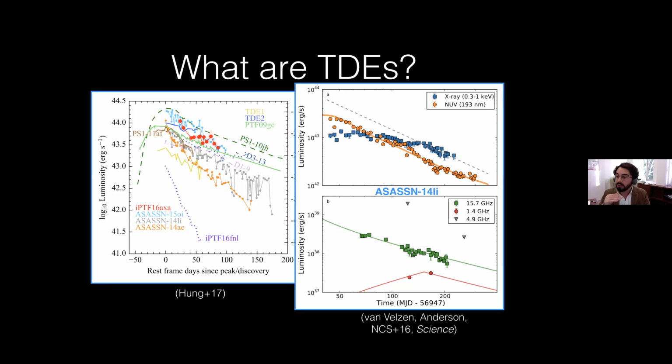In the top panel, you can see that in this flare, the near ultraviolet and the associated optical luminosity was very similar in magnitude to quasi-thermal soft X-ray emission, which was seen simultaneously. And in the bottom panel, you can see that there was also a non-thermal component, probably coming from some sort of forward shock from ejecta slamming into the ambient interstellar medium in the nucleus of this quiescent galaxy, which was detected at radio wavelengths.